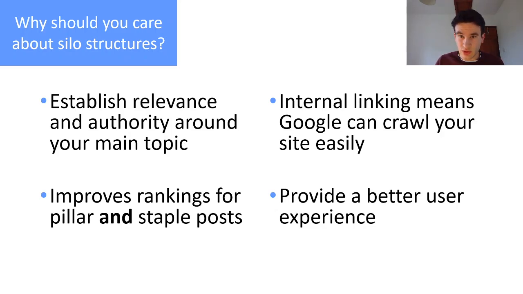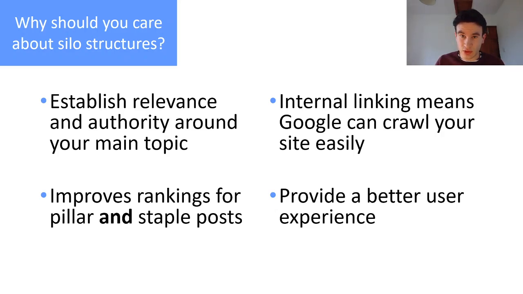They want to be able to show the most relevant and the most valuable pieces of content at the very top. So silo structures help you do that because of the internal links between the staple posts linking up to the pillar post. The internal links help Google know exactly what your content is about because of these links between all of this content that's related to each other, because it's all about the same topic.